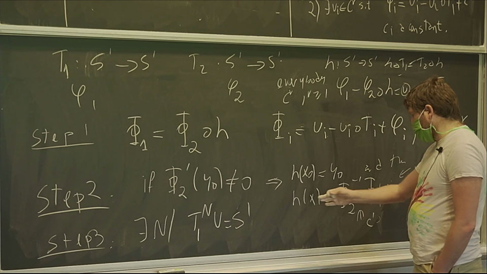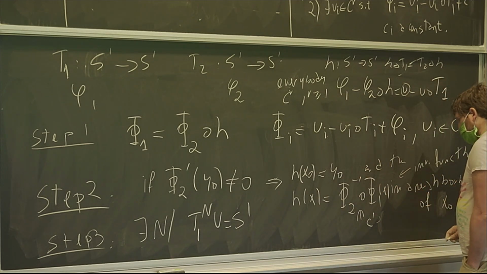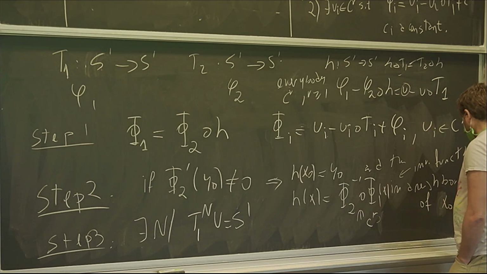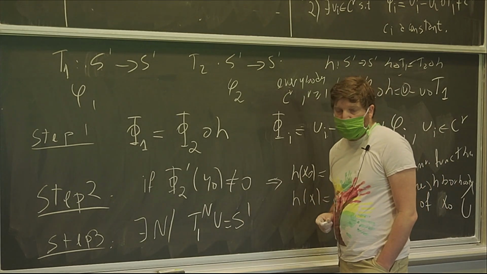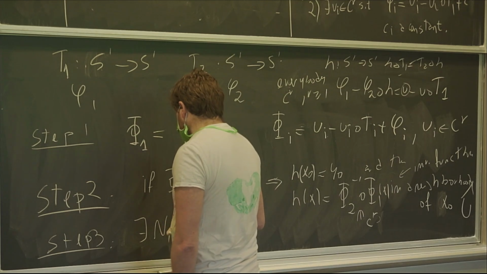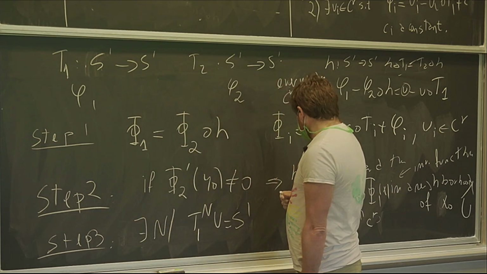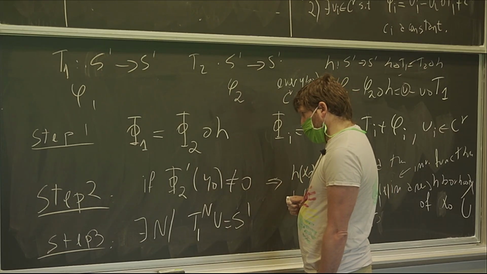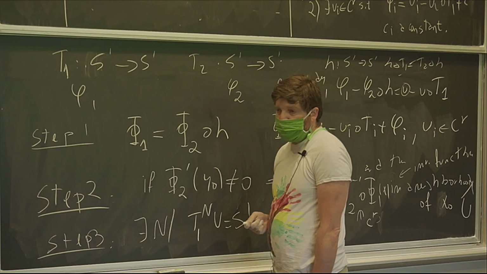So once h is C1 or CR in the neighborhood, in this open set, it becomes C1 or CR in the whole circle. So step 3 is using iteration. Step 2 is the implicit function theorem, and then the question is, what is phi1?